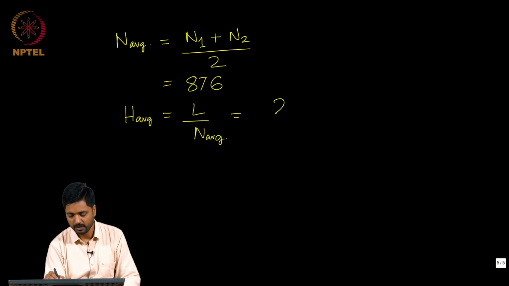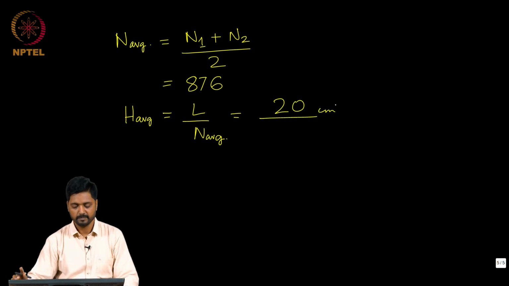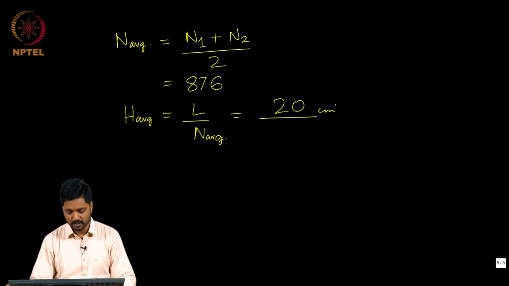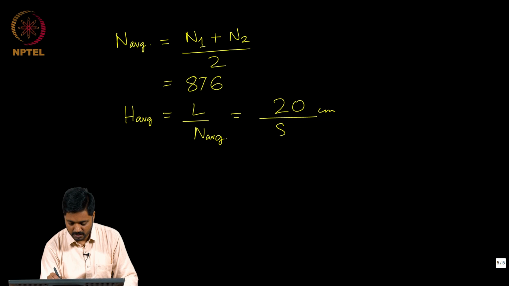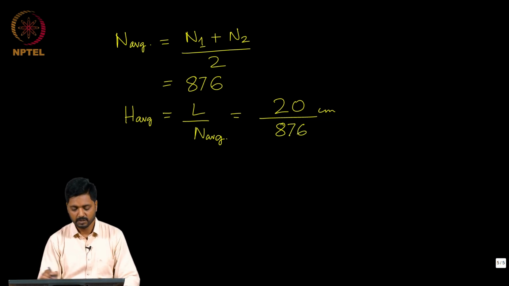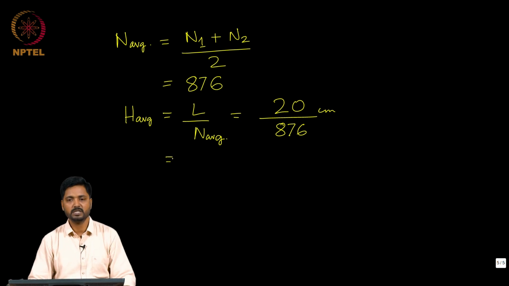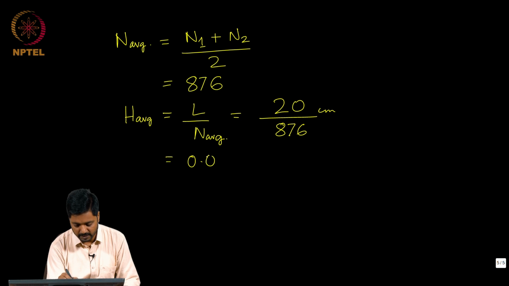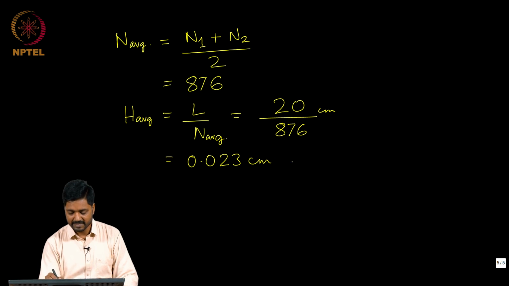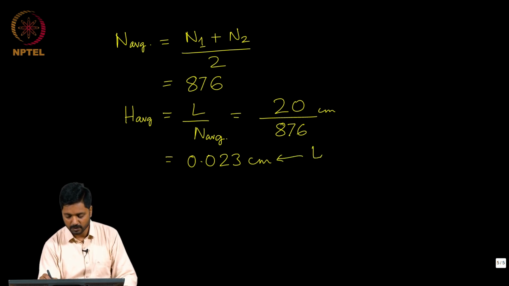And we insert the numbers: 20 centimeters was the length of the column that we used here, and N average is coming as 876. So, this gives us an average height of the theoretical plate as 0.023 centimeters.